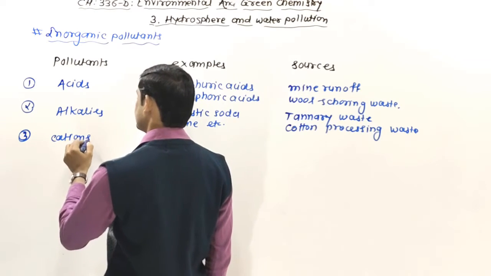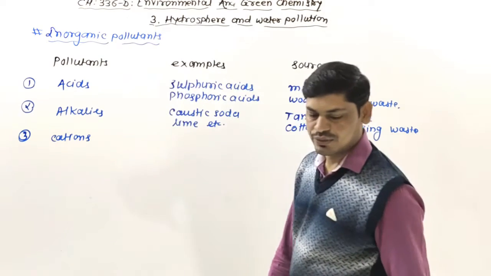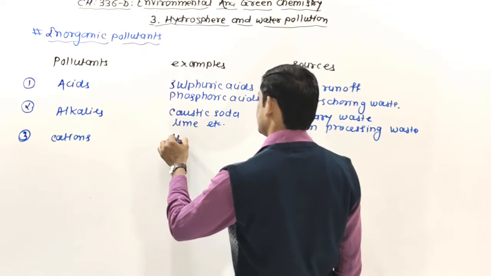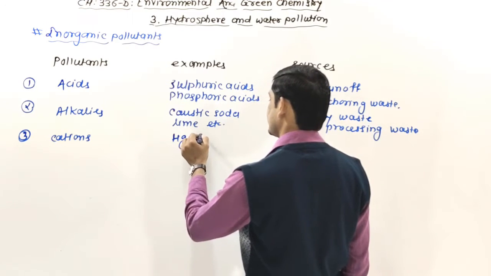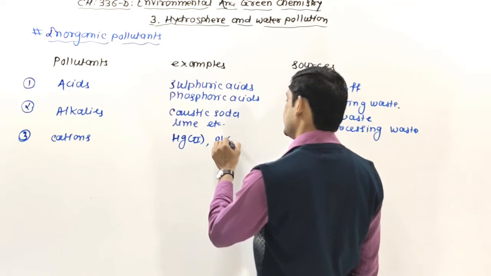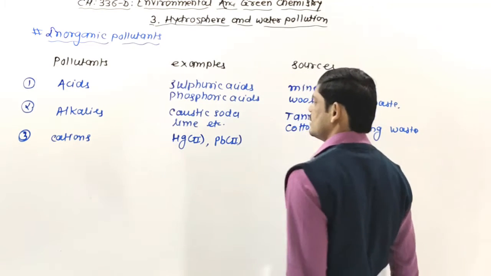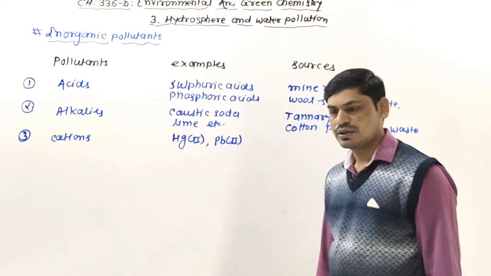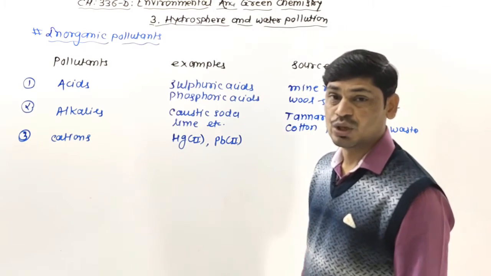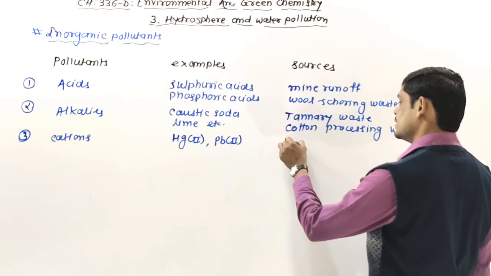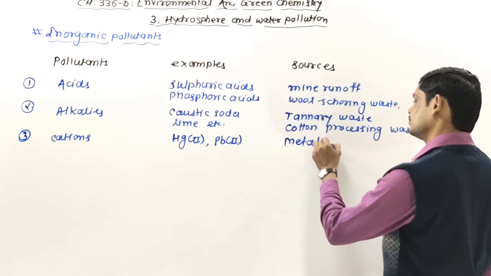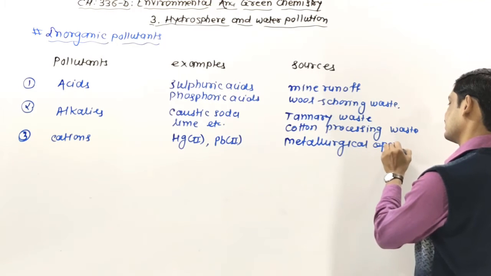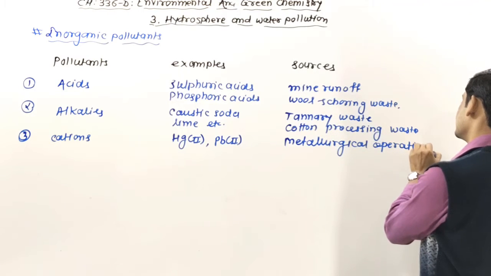Our third class of inorganic pollutant is cations. Ionic pollutants we call cations. For example, Hg2+, Pb2+, in this way. The source will be metallurgical operations.